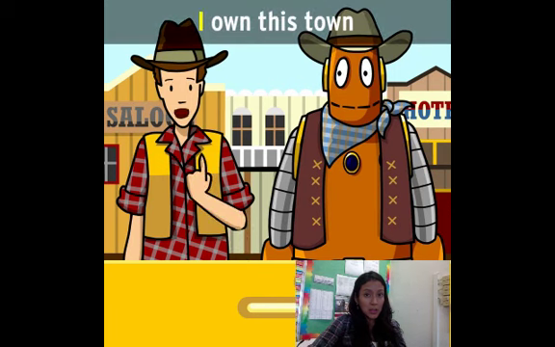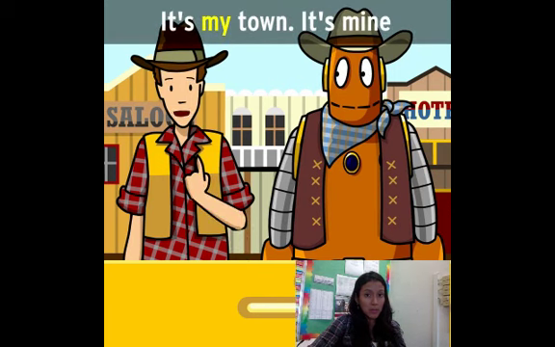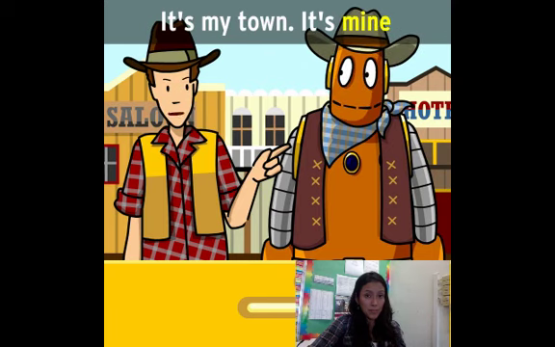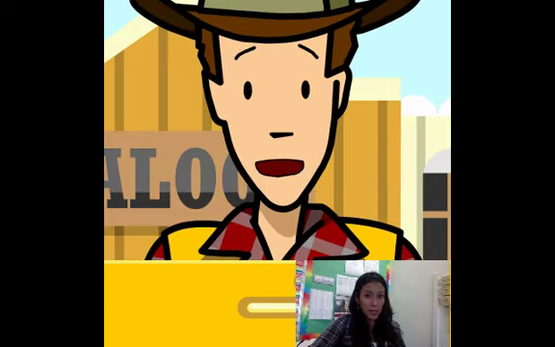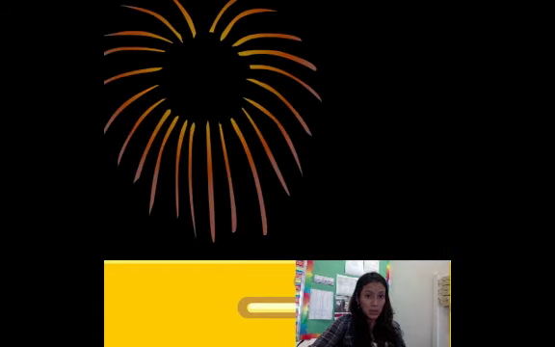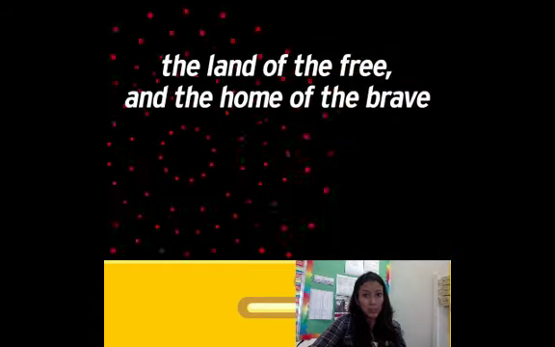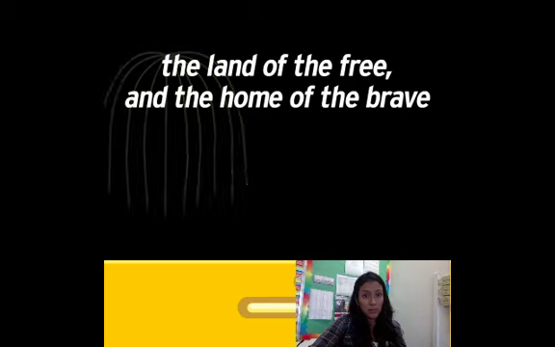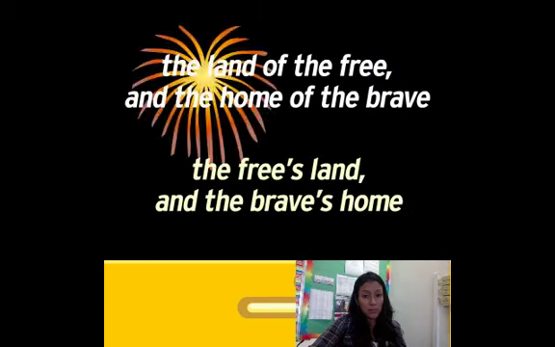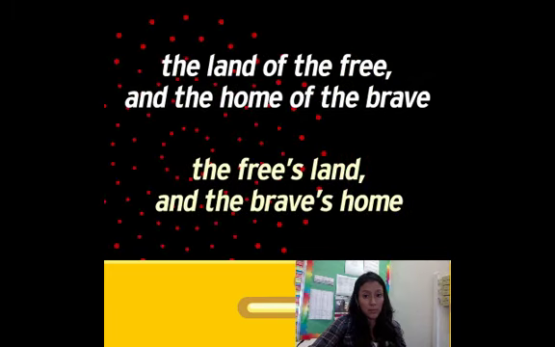Since I own this town, it's also my town. It's mine. You hear? That's true. Sometimes using of works better than the possessive, especially in poetry and literature. For example, the lyric, the land of the free and the home of the brave wouldn't sound right as the free's land and the brave's home.